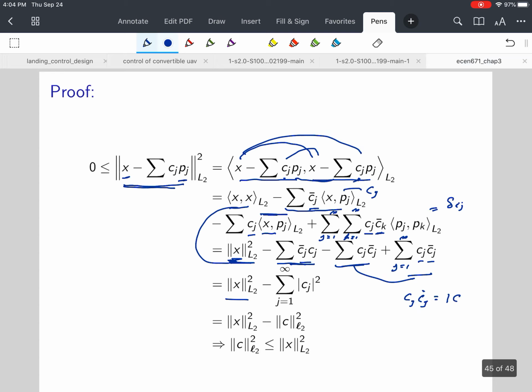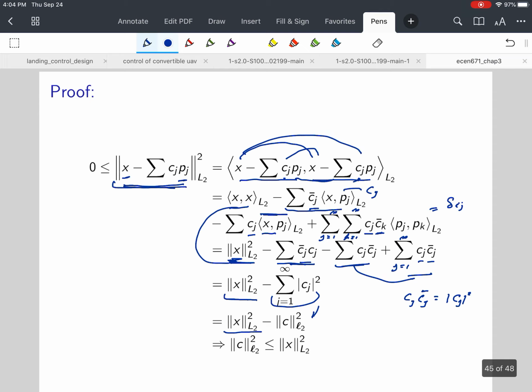This is going to be the norm of cj, or the absolute value of cj squared for complex numbers. So we get the L2 norm, and then we have the sum of the cj squareds. And then we notice that this guy is just the little L2 norm of c.